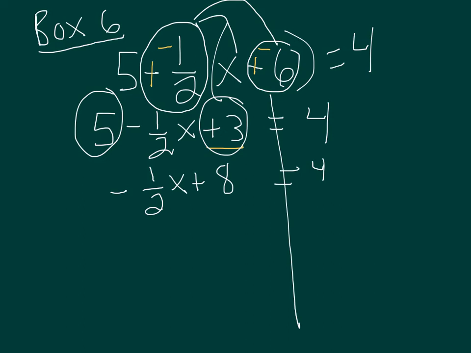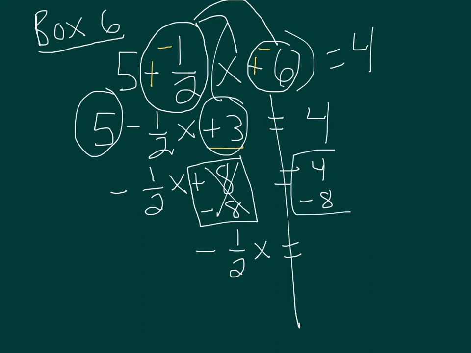We want to get rid of positive 8, so I'm going to put negative 8 on both sides. That will cause these two to cancel. You get negative 1/2 x equals, add these two together, negative 8 plus positive 4 is negative 4. Notice I'm using my addition boxes, so we end up with negative 1/2 x equals negative 4.